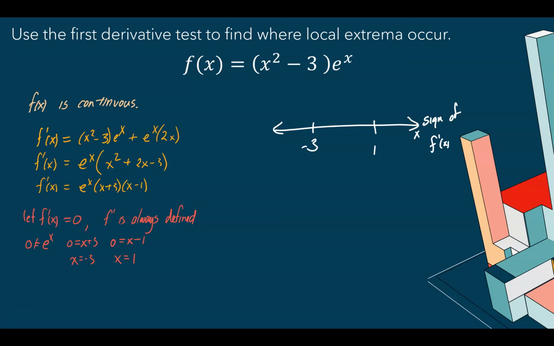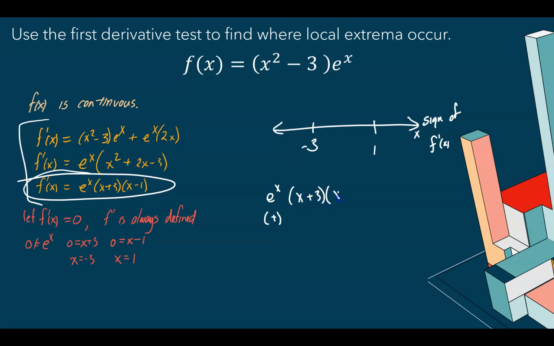And that is, if all we care about is finding the sign of f prime, it doesn't matter which of these three we use, but this last one, oh my gosh, that's the easiest. Because e to the x is always positive. And so all we have to decide is whether x plus 3 is positive, whether x minus 1 is positive, and then we'll know if f prime is positive or negative.